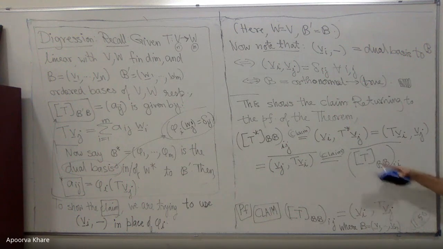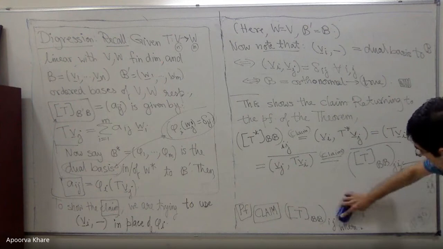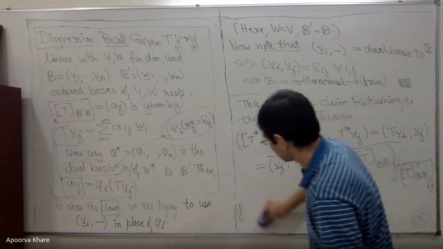And that is exactly the right hand side, the matrix of T transposed and conjugated. Now, because I've taken the transpose, the ji becomes ij. And therefore, the right hand side equals the left hand side.